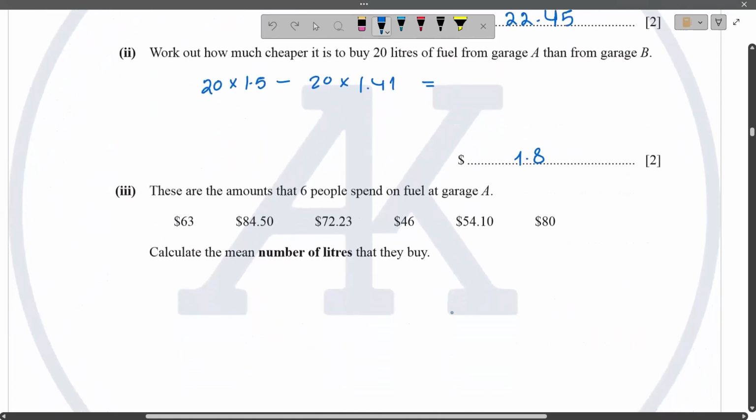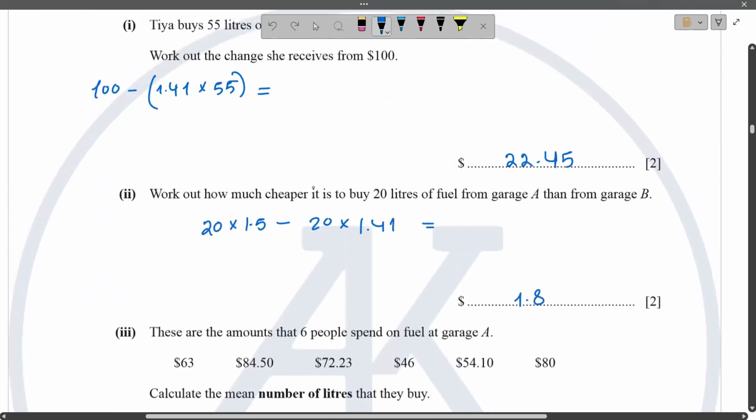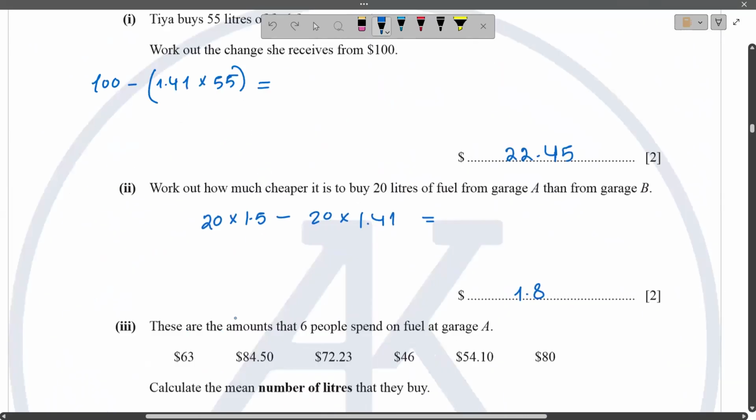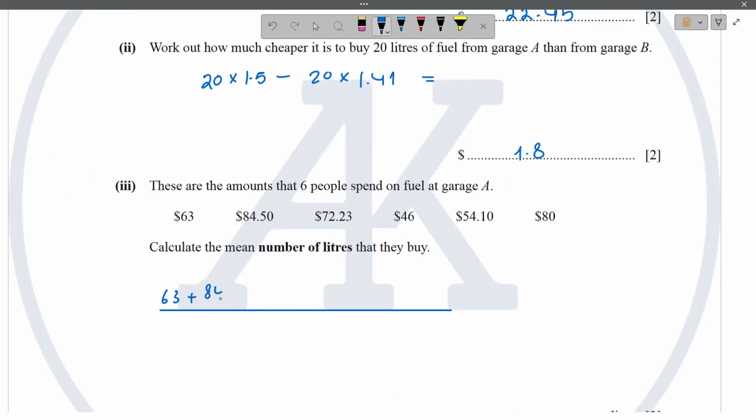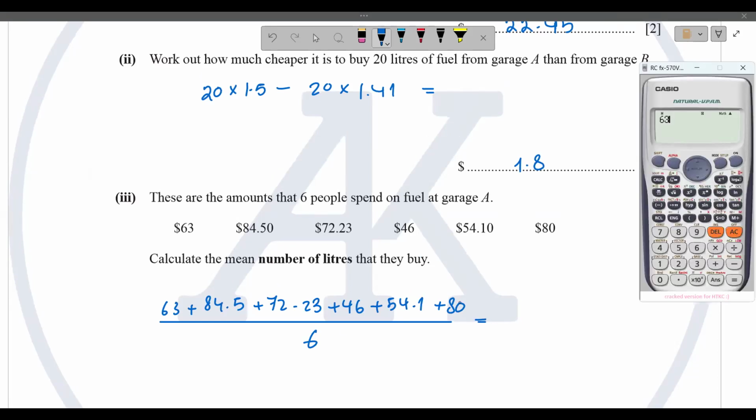Or get the mean of these dollars and calculate it to get the liters. So I'm going to get the mean first: 63 plus 84.5 plus 72.23 plus 46 plus 54.1 plus 80 over 6 to get the mean in dollars first.